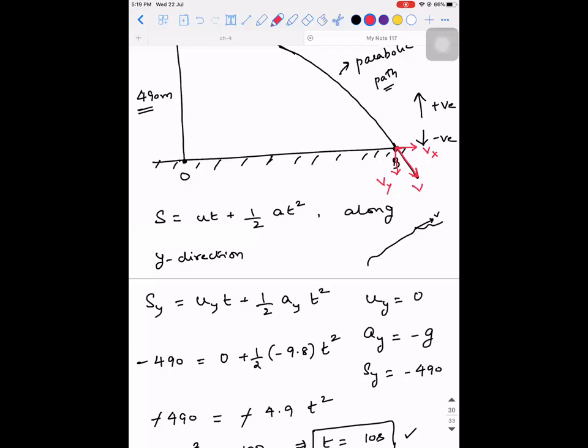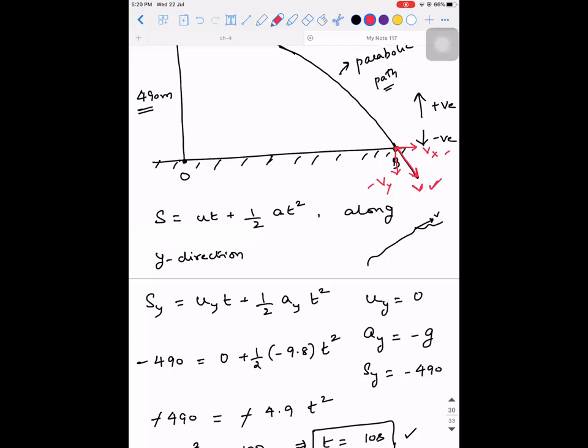Okay. Whenever there is a vector quantity which is not inclined along the x or y direction, it can be resolved into two components. If you observe, this velocity is neither along the x direction nor along the y direction. So it can be resolved into two components: one is Vx and the second is Vy. Why Vx and Vy?